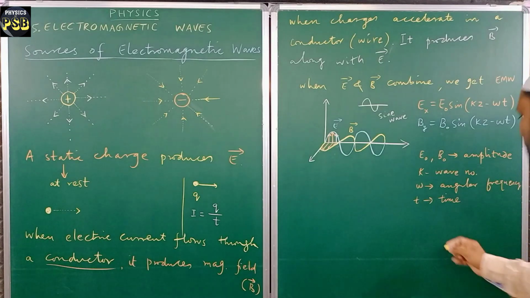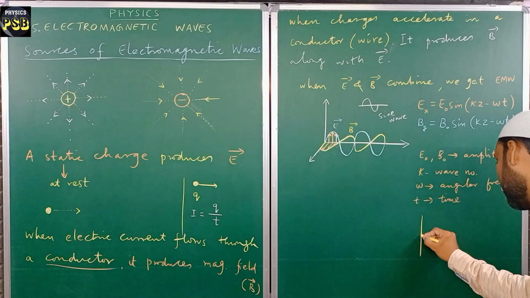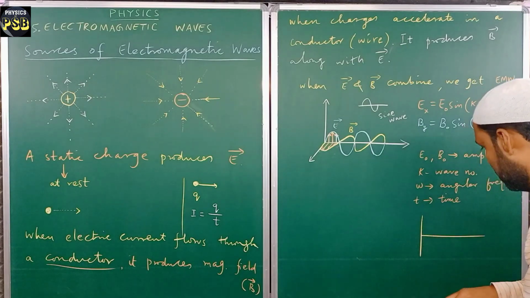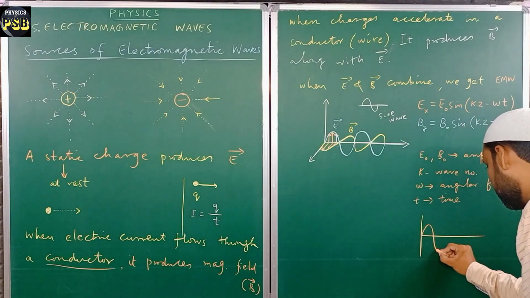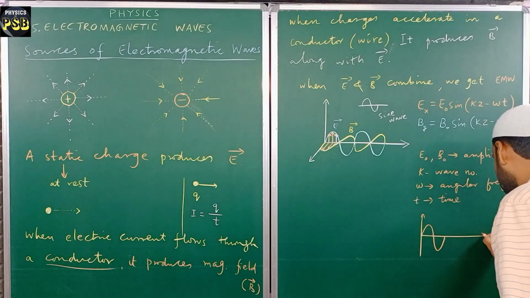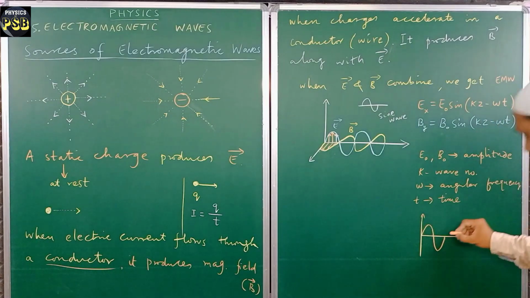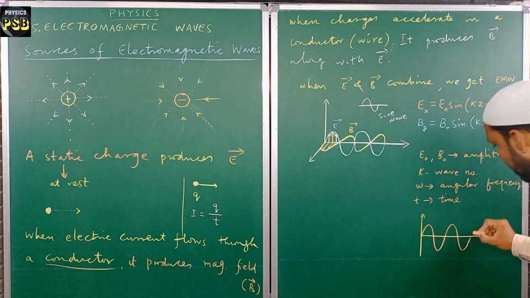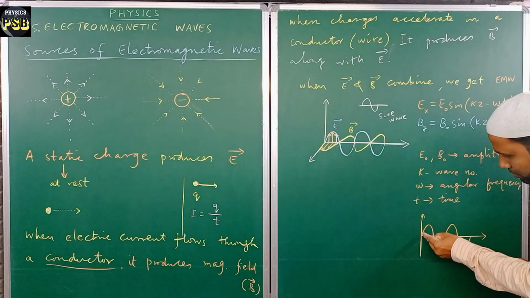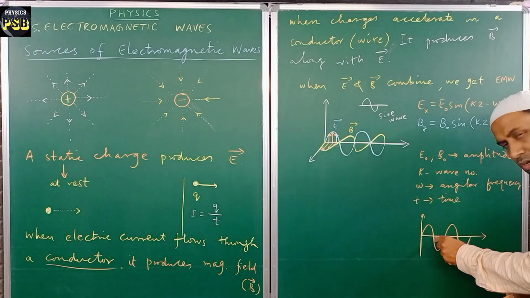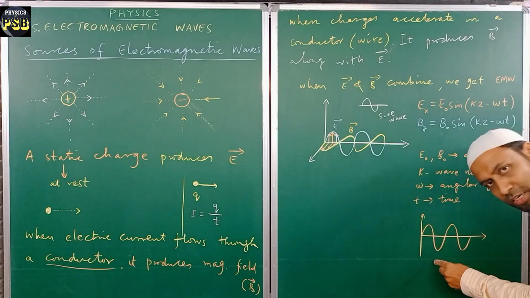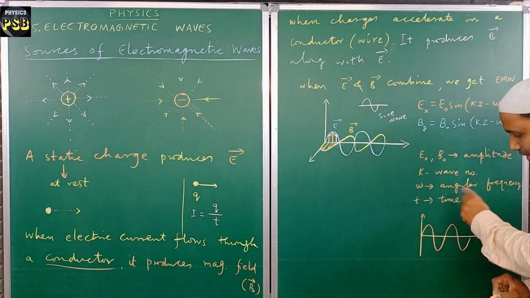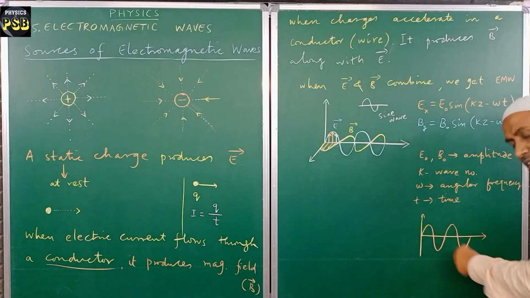Now for that I must take a wave. This one is a sine wave. I'll just extend this. Here, it moves upward, then comes downward, and it continues in the opposite direction, and then it continues the same pattern.